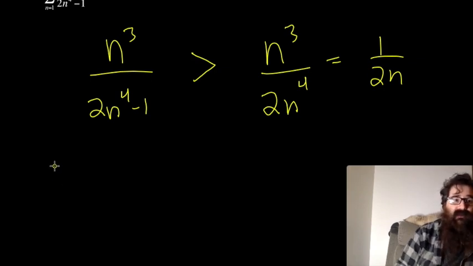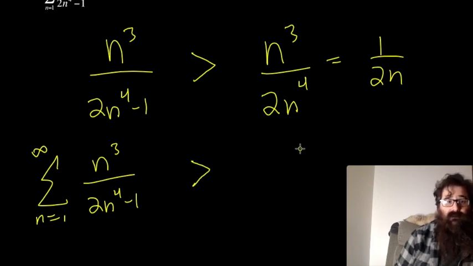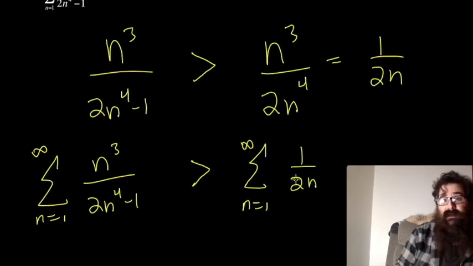And now let's bring in the summation notation. The sum from n equals 1 to infinity of n cubed over 2n to the 4th minus 1 should be, we can say this with relative certainty, greater than the sum from n equals 1 to infinity of 1 over 2n. Term-wise, it's true.